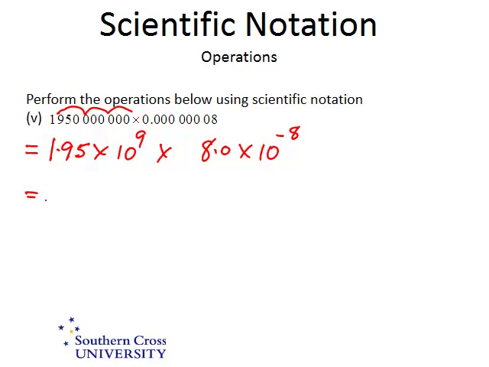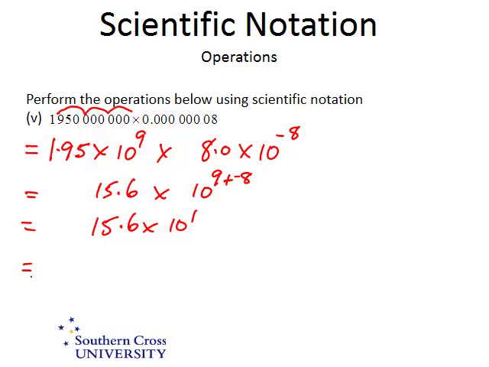Now, multiplying it, 1.95 times 8 is 15.6 times 10 to the 9 plus -8, which is 15.6 times 10 to the 1.